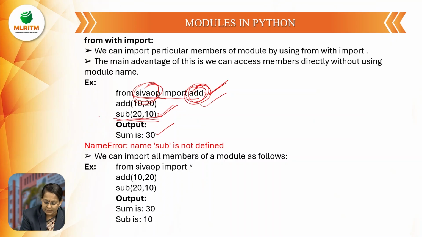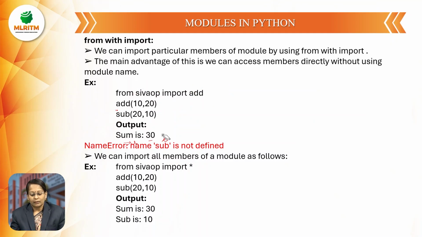Suppose in place of this we wrote shivaop.sub(20, 10), then we could get sub is equal to 10. But here sub is not imported from the module, so it will give an error: name sub is not defined.